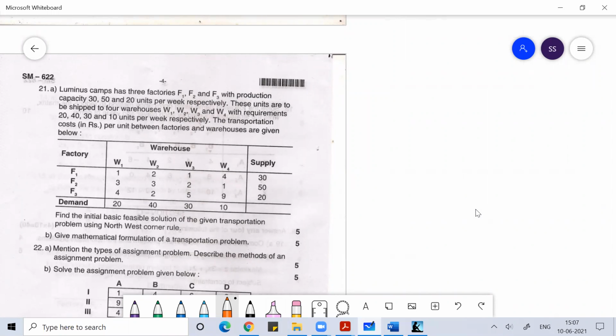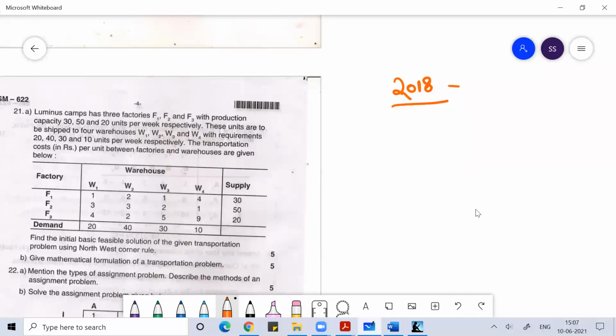This question came for 5 marks. We did the 2016 northwest corner method problem, 2017, and this is the 2018 northwest corner method problem.